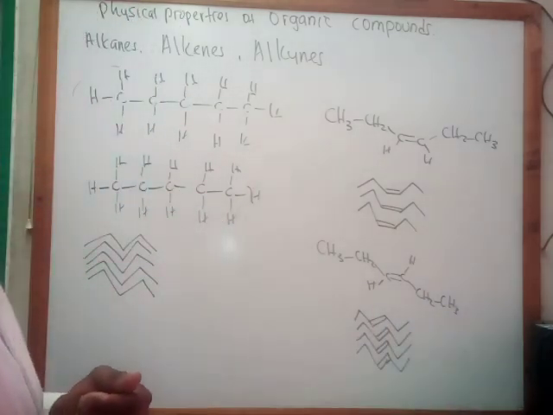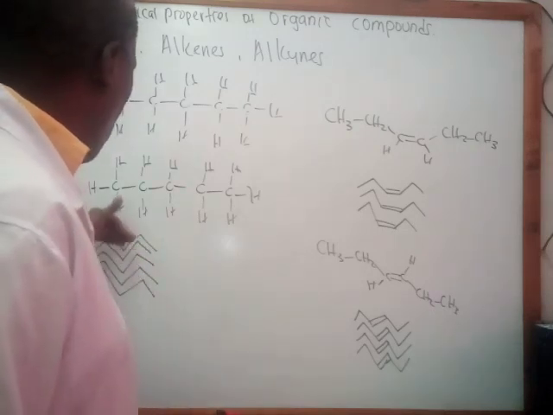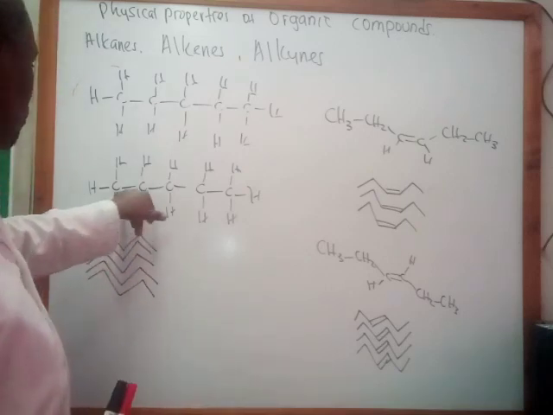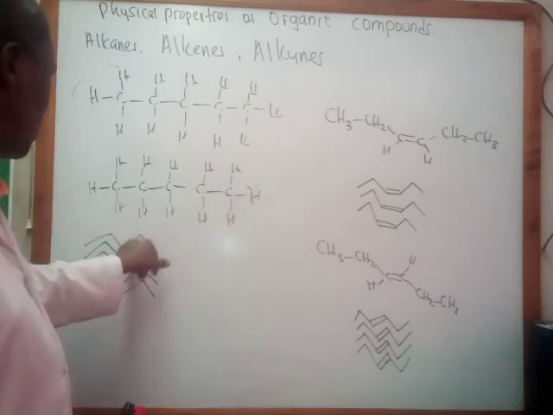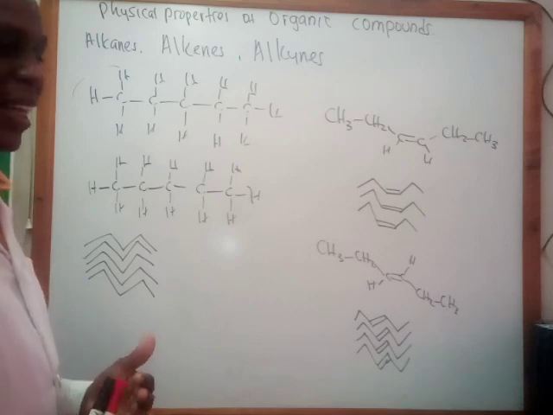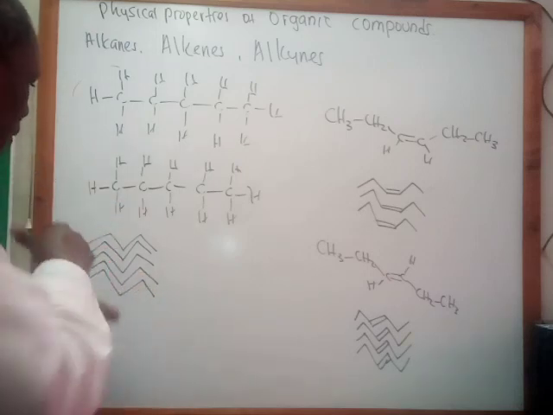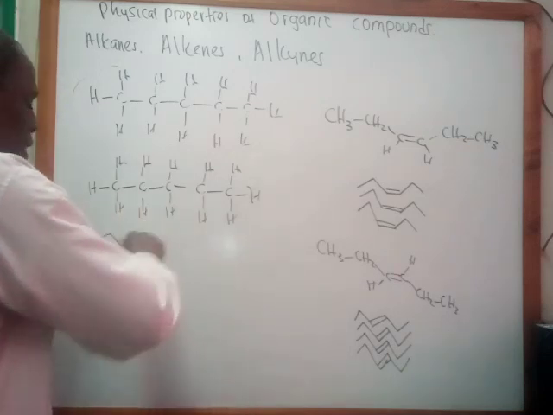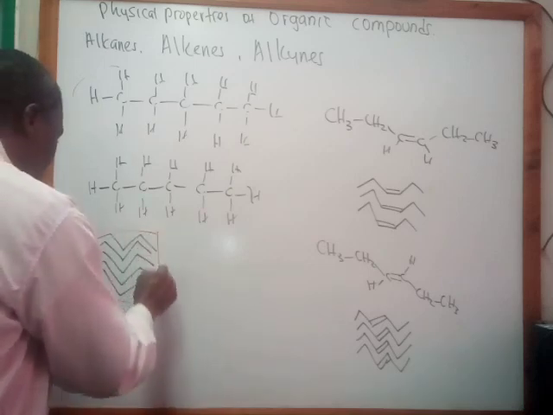melting and boiling point. But why did I draw these structures like this? You're going to see that this alkane, 1, 2, 3, 4, 5, exists in a zigzag manner. If you put many of them together, since they are linear structures, I can pack many of them within a certain unit volume.